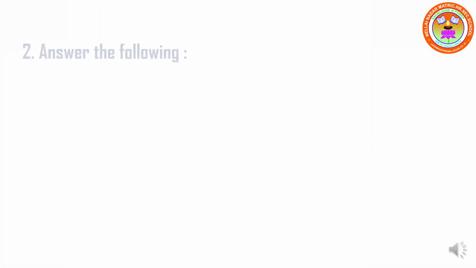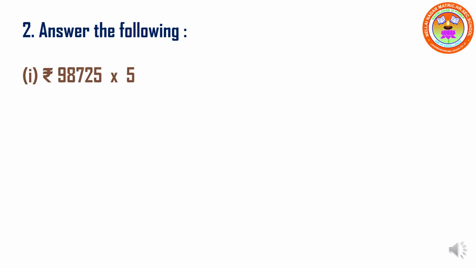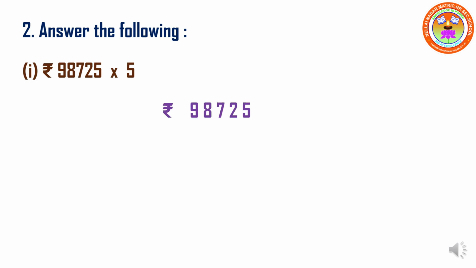Next question. Answer the following. We have to multiply 98,725 rupees into 5. So, let us begin the multiplication. First, we have to multiply 5 and 5.